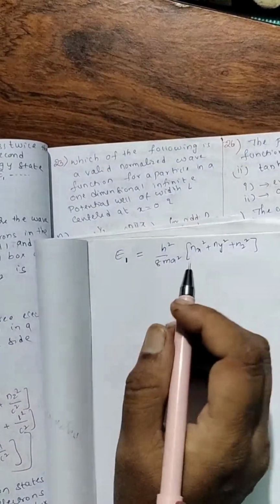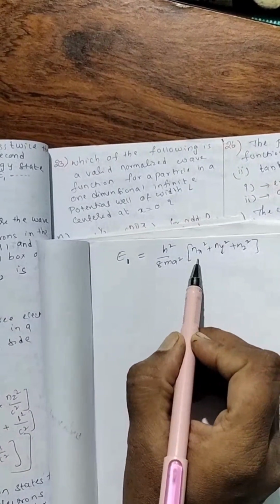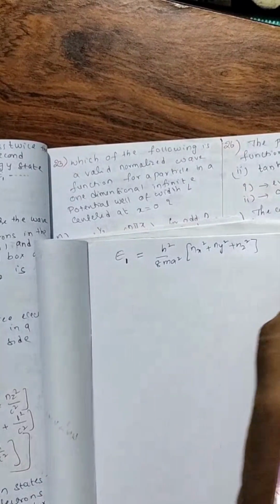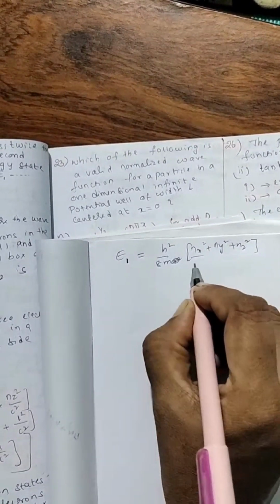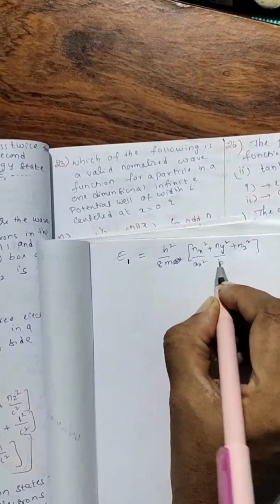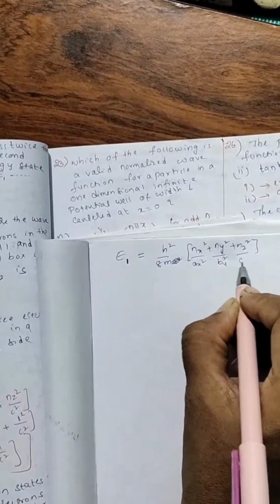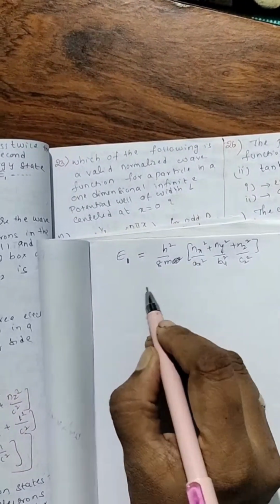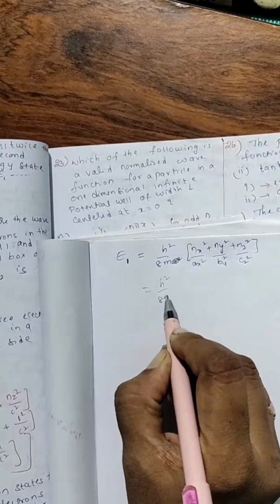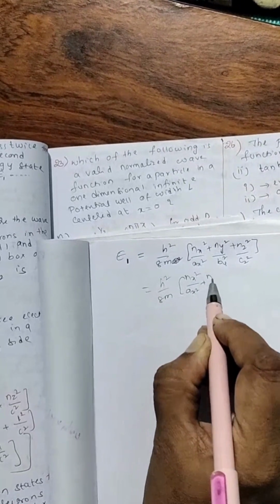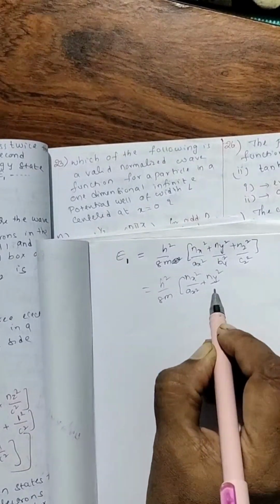So a equal to b equal to c, and we will get a square. What is the formula? First, I will write the formula: nx square by a x square plus ny square by b y square plus nz square by c z square. This is the formula, no? H square by 8m, nx square by a square plus ny square by b square is nothing but a.